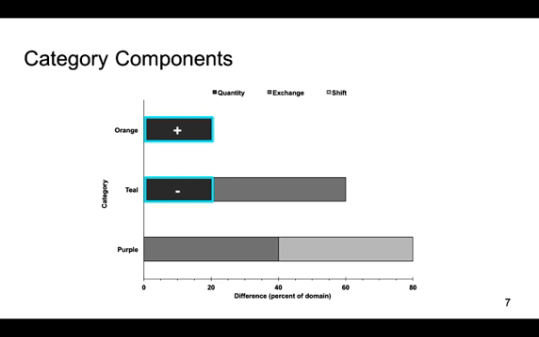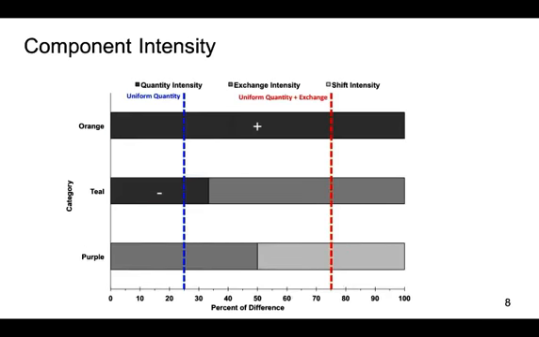This figure can be used to visualize the quantity intensity calculation that we walked through on slide 3. In this case, we would take the quantity section of the teal bar and divide it by the length of the entire bar, and then multiply by 100. If we repeat that process for each section of each row, we will produce the component intensity figure.